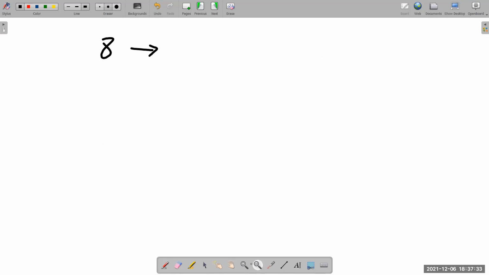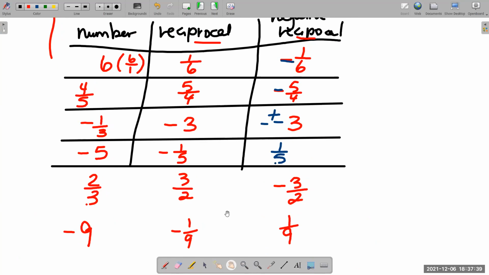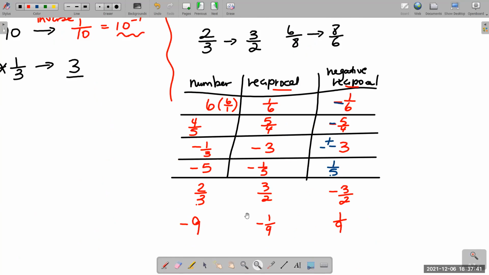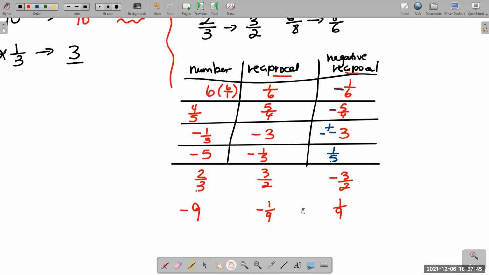But before I ask, did you guys copy down the information? I kind of move a little bit fast here. Okay, copy down these examples first, because this is very important. Being able to find the reciprocal and the negative reciprocal. Keep it in mind, it's just another word for inverse.